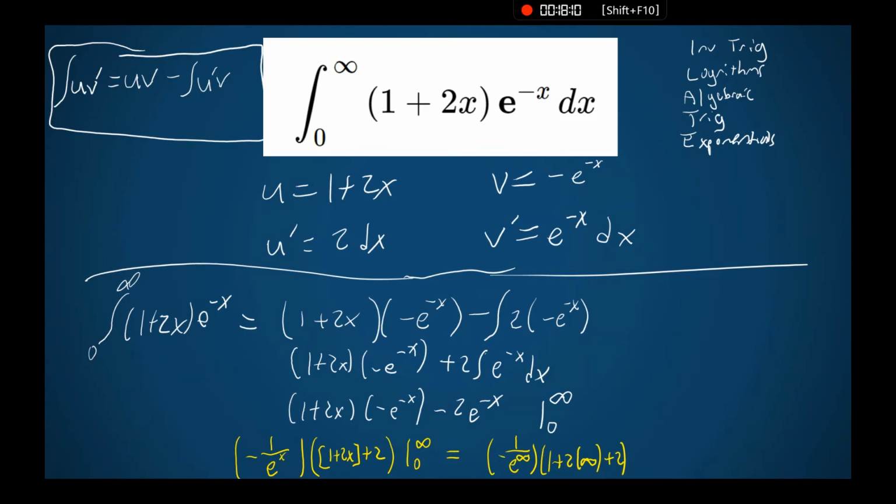Yep, so this is 0 times something is 0. Okay, and that's my upper bound, and I'm going to subtract my lower bound. So I'm going to subtract negative 1 over e to the 0 power times 1 plus 2 times 0 plus 2.